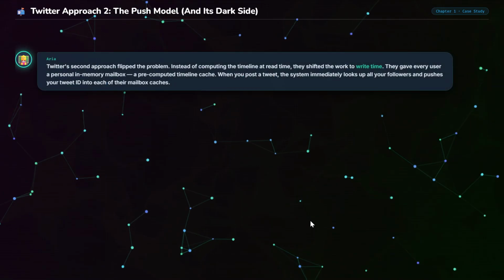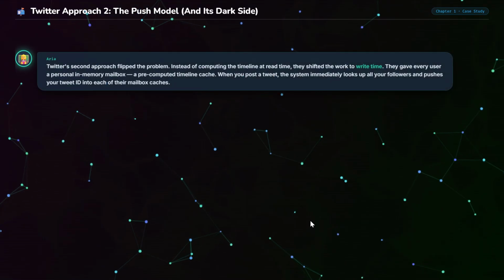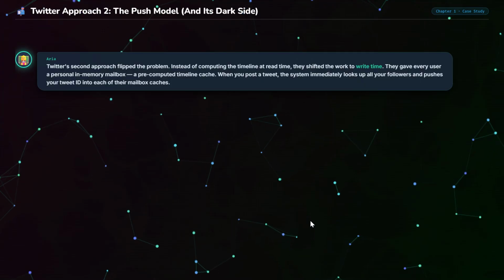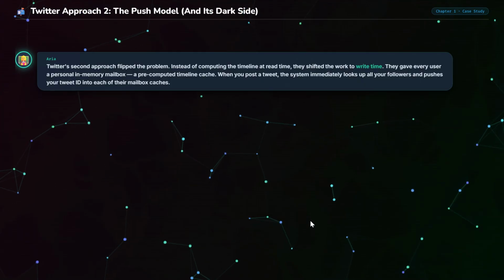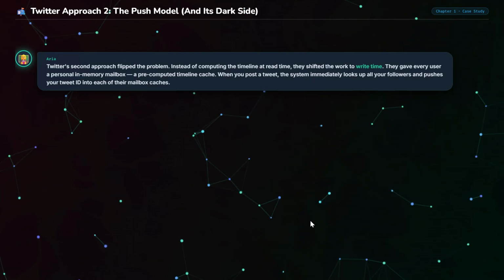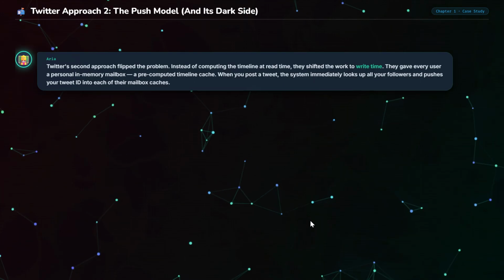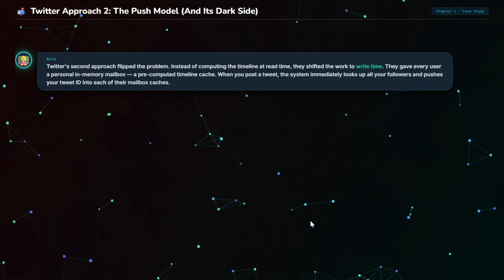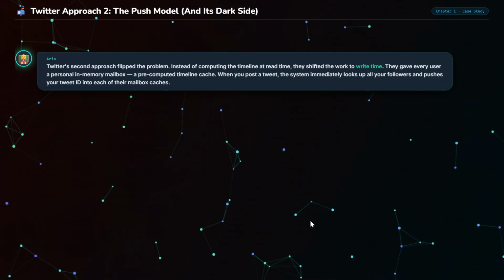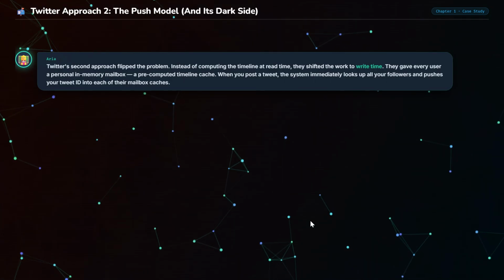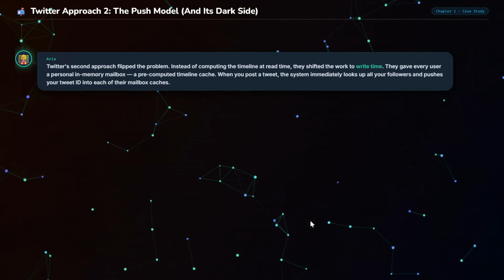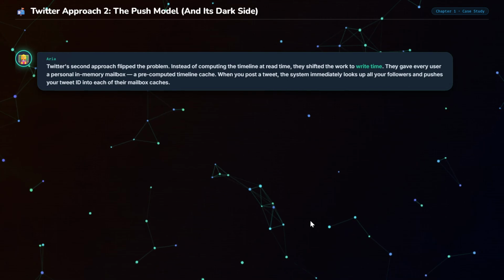Twitter's second approach flipped the entire problem on its head. Instead of computing the timeline at read time, they moved all the work to write time. They gave every single user an in-memory mailbox, a pre-computed, pre-sorted timeline cache stored directly in Redis. When you post a tweet, the system immediately looks up all of your followers and pushes your new tweet ID into each of their personal mailbox caches right then and there.